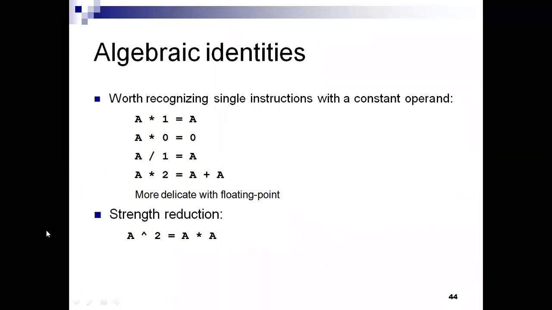Here we have some identities worth recognizing, single instructions with constant operands. That means identity rules should not change the value, right? So a into 1 is equal to a, a into 0 is equal to 0, a by 1 is equal to a, a into 2 is equal to a plus a. These are some of the worth-recognizing single instructions with constant operands.